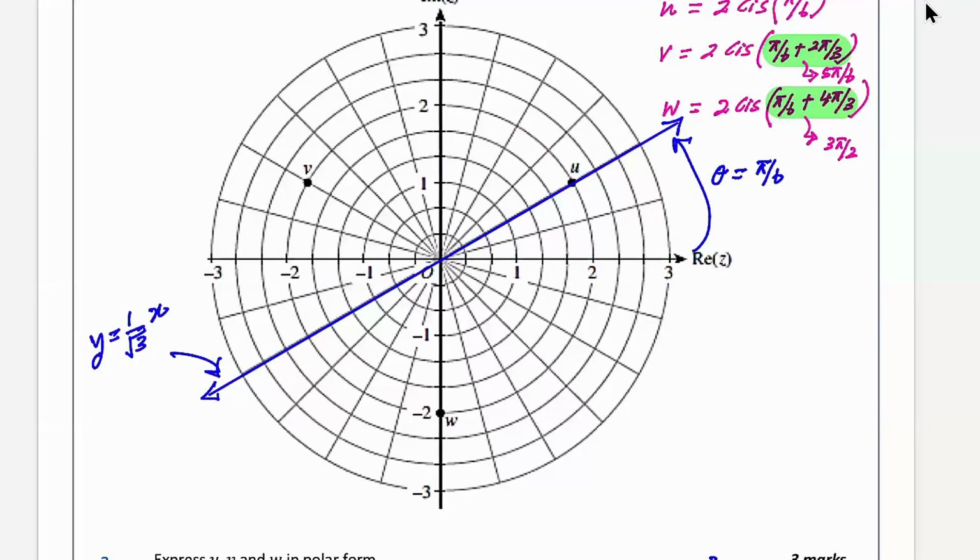Now, how do you find 2 points? You have to find 2 points.